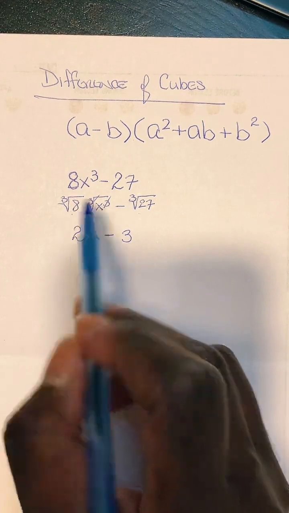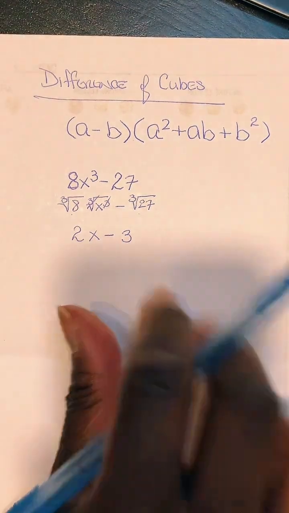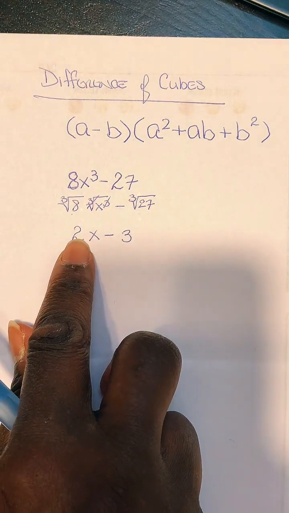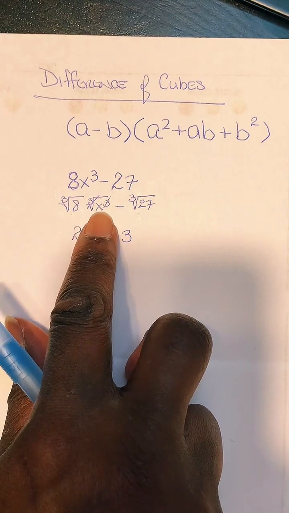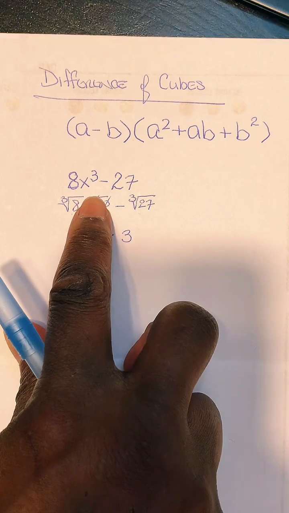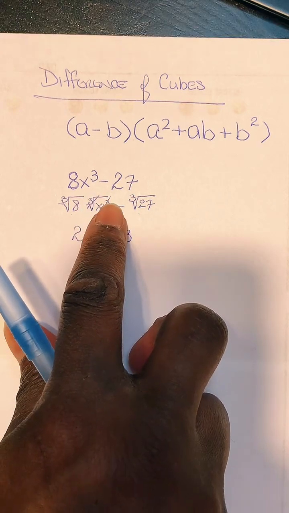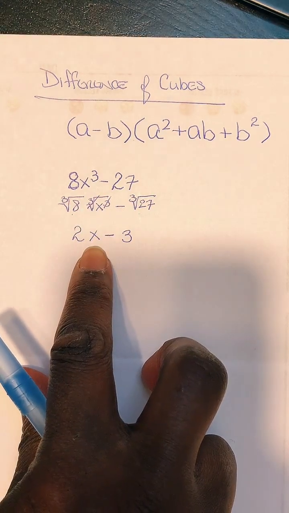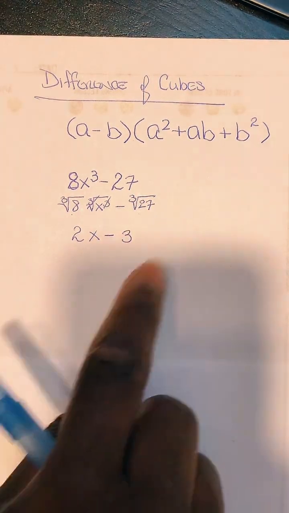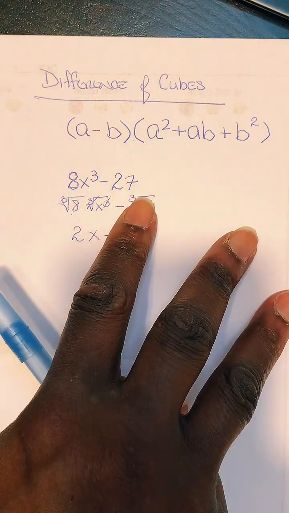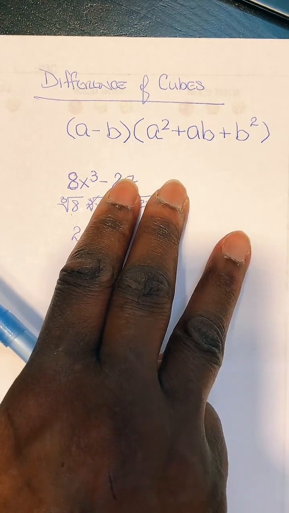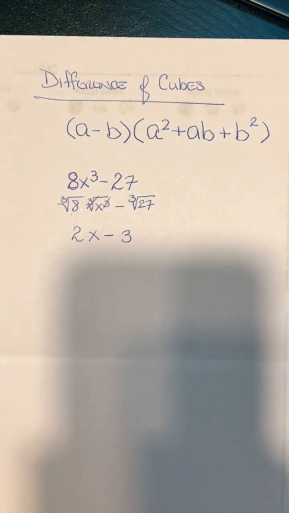The cube root of 8, that's 2 times 2 times 2. 2 times 2 is 4, 4 times 2 gives me 8. The cube root of x cubed, cubes and cube roots are opposites of each other, so they cancel each other out and leave me with the x. The cube root of 27 is 3 times 3 times 3. 3 times 3 is 9, and 9 times 3 is 27.